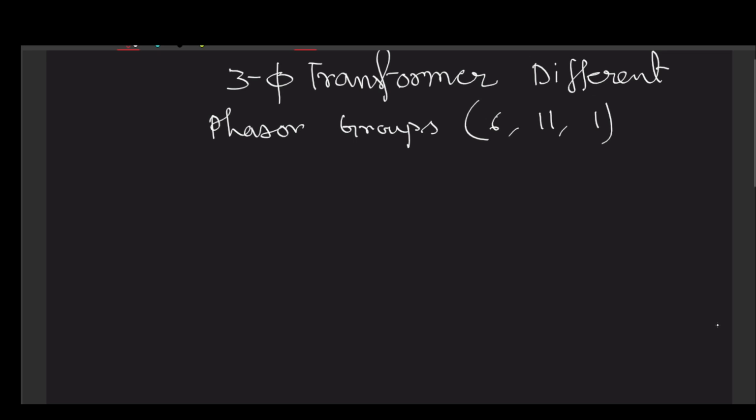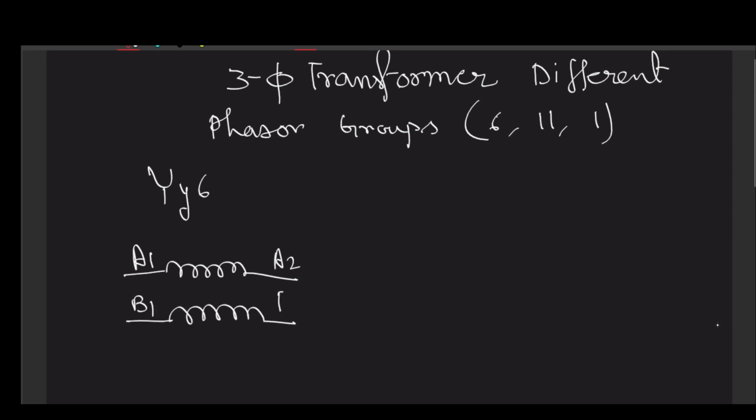So, first of all, let us study Y6. In Y6, it is very simple to realize that suppose if I give you one transformer A1, A2, B1, B2, C1, C2, and then I short all of them to form my neutral.